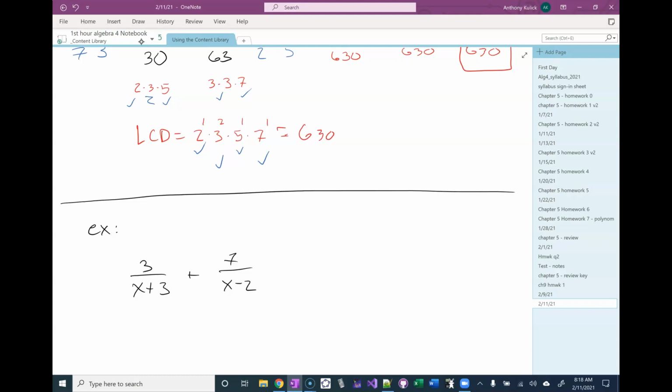Can I do anything to the x plus 3? No, right? That's already done. That's factored. There's nothing more to do there. So I'll put a parenthesis around it to show that it's already my factor. How about the x minus 2? Can I do anything with that? No. Again, can't factor that anymore. So I'll just put a parenthesis around it to indicate that it's already done.